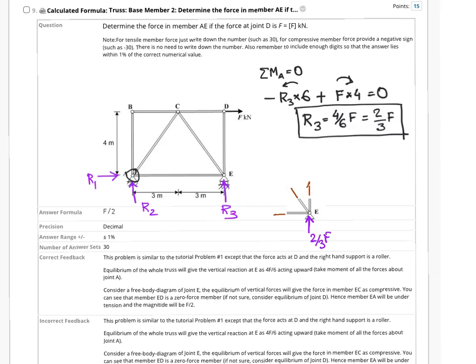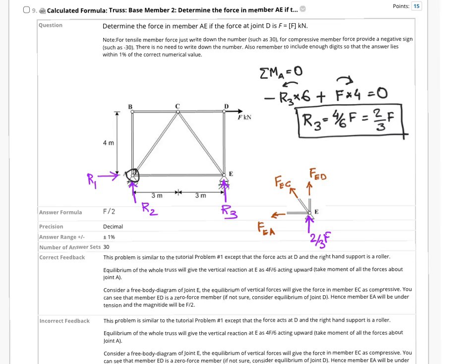Now as before, we will say all of them are tensile to start with. So this force is force E to D, this force is force E to C, and this force is what we have to find out, force E to A.